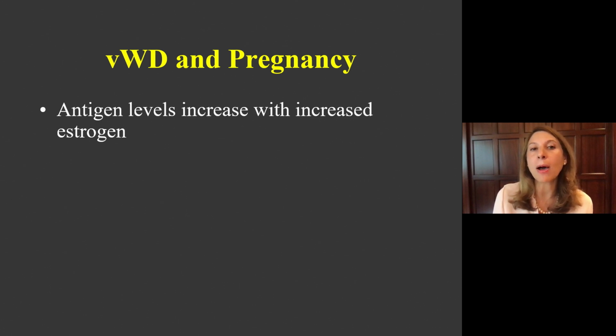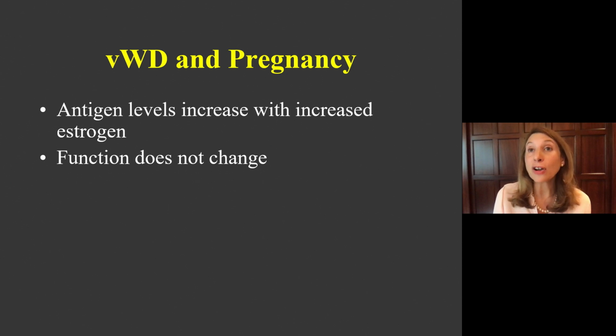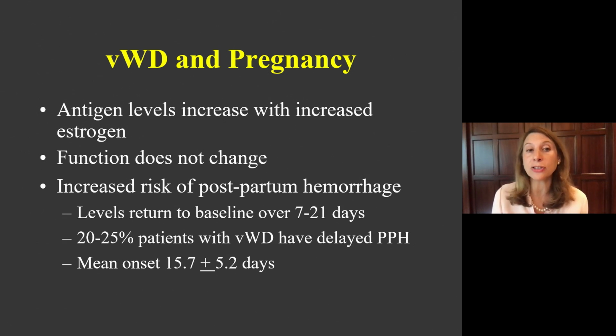So now a little bit about what happens to von Willebrand disease in pregnancy. Antigen levels increase with the increased estrogen on board during pregnancy, but the function doesn't change. So if a person has type 2 with the functionality issues, even though their levels may increase, they still will have the functionality issues.